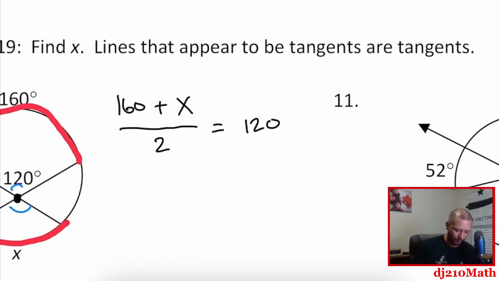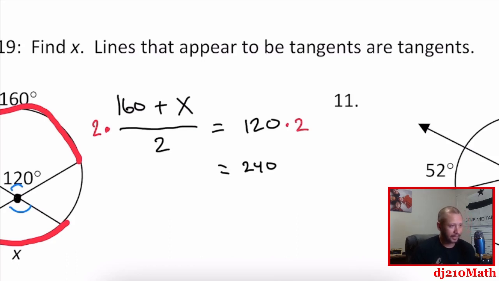So solving for x, I can do anything I want to an equation as long as I do it to both sides. So what I want to do is multiply both sides by 2. On the right-hand side, we're going to get 120 times 2, which is 240.